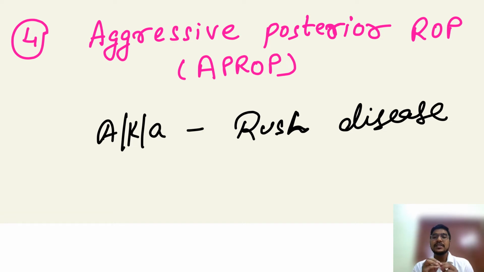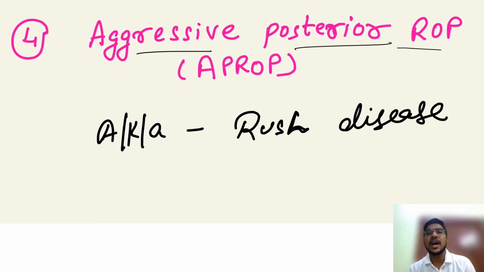But if this jump from stage 1 to stage 5 or stage 4 takes place within 7 days, very fast, then this disease is known as aggressive posterior ROP.